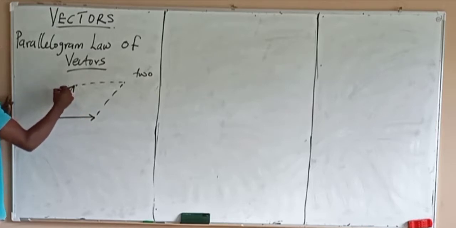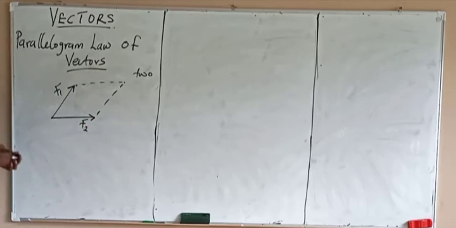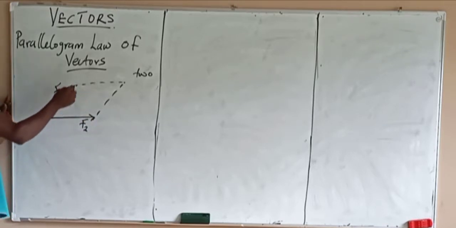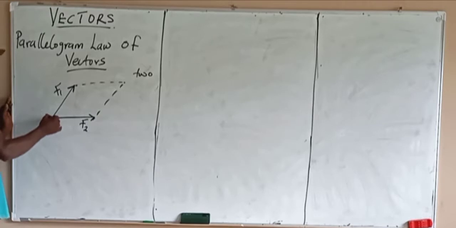If you call this one the first vector and the second vector, F1, F2, by the adjacent sides of the parallelogram, you can also say A, B. There's no problem about that. Then the resultant, meaning the total you're going to have if you add this one to this one, or the force that will balance these two forces, will be a line drawn from the point of intersection, which is a diagonal.